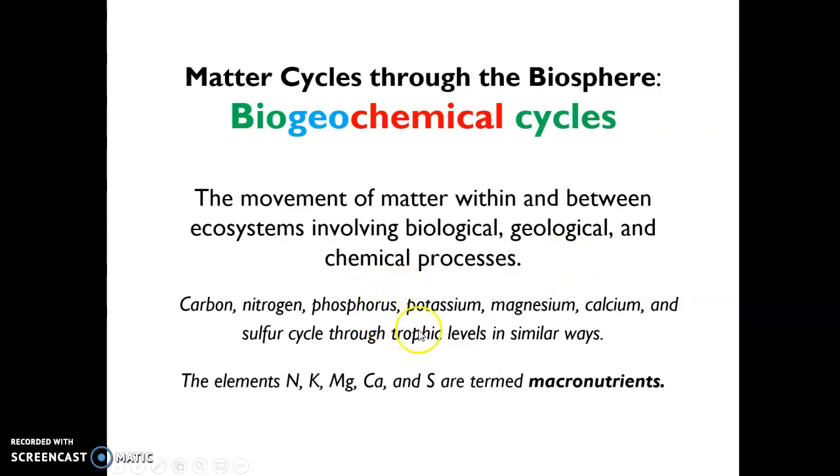Now there are a lot of matter cycles here. The main ones we're going to focus on are carbon, nitrogen, phosphorus, and what is not shown here, which is water. And we'll look at some of the important elements known as macronutrients, but we're not really going to spend much time on that.